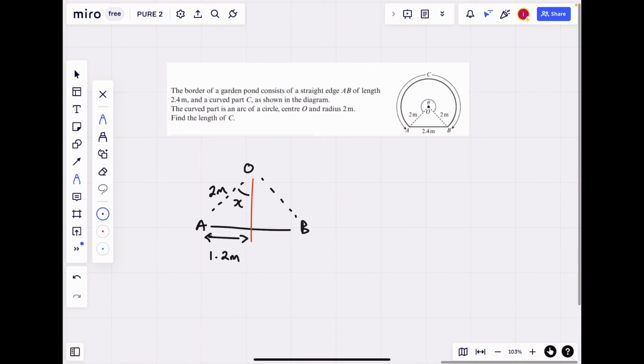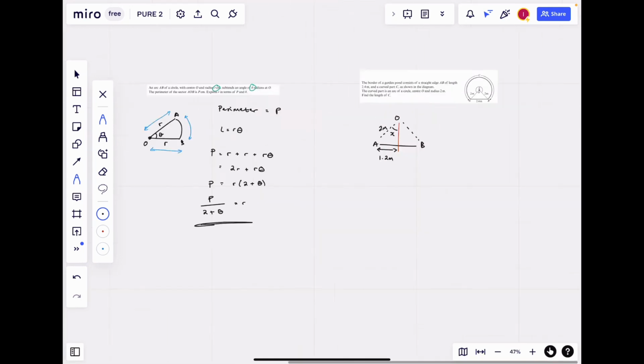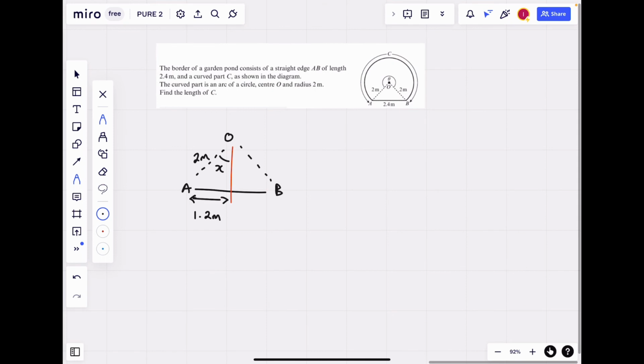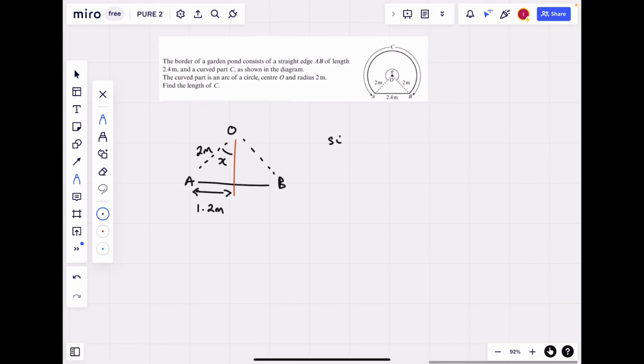To work out x, you would just do trigonometry. So sine x is equal to opposite 1.2 over hypotenuse 2. This gives you 0.6435 and so on rad. Okay.